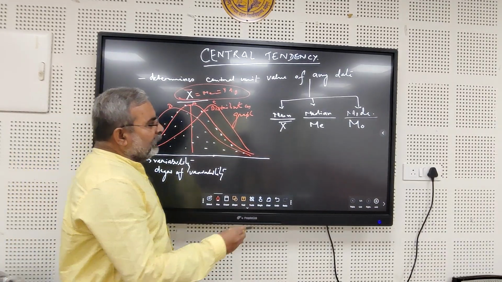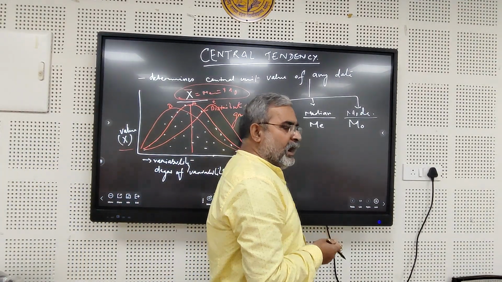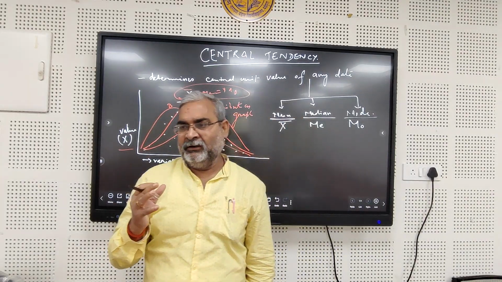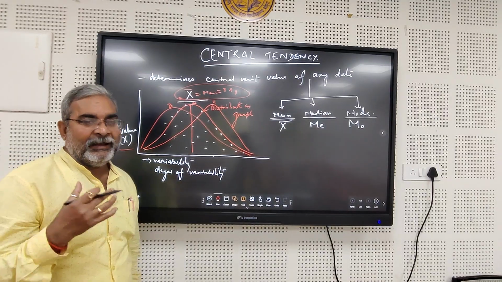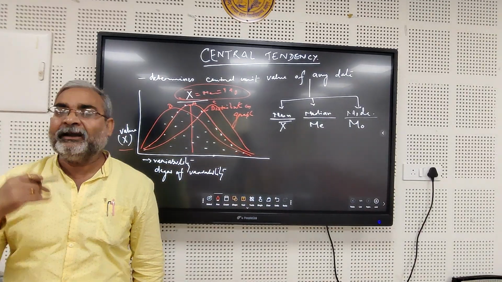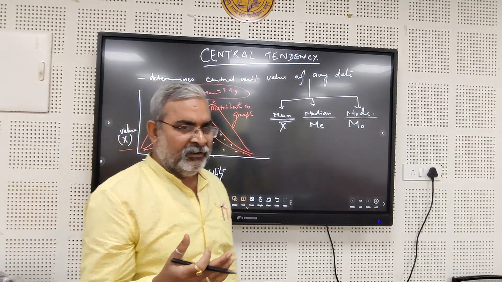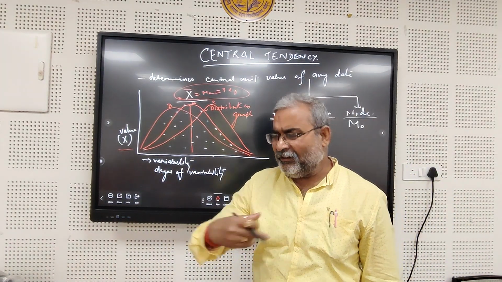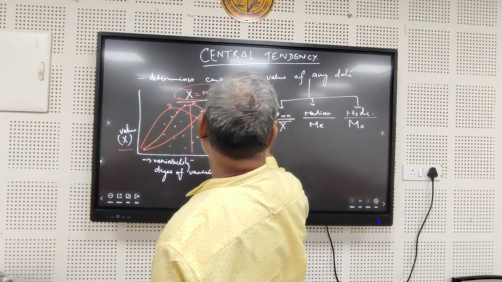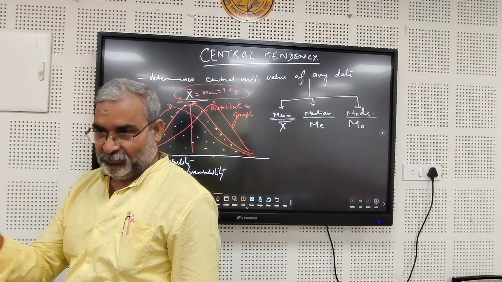So the mean, median and mode are the most important statistical methods for the further analysis of data. And of course, in the majority of statistical methods, it provides the basis for the calculation.